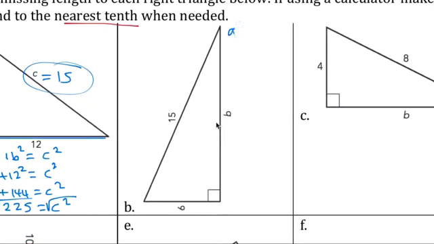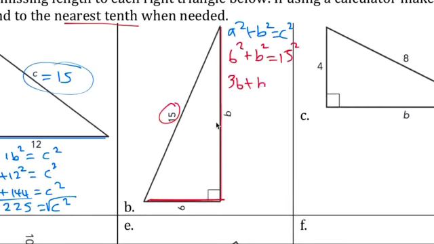Same thing here. A squared plus b squared equals c squared. A is 6. B is b. We don't know b. So 6 squared plus b squared equals c, which is 15 squared. 36 plus b squared equals 225, minus 36. You get b squared equals 189.